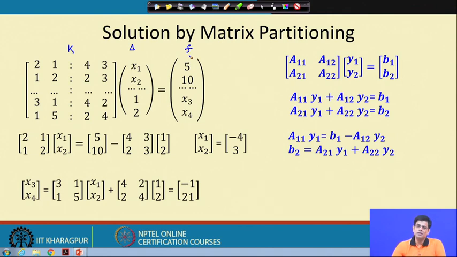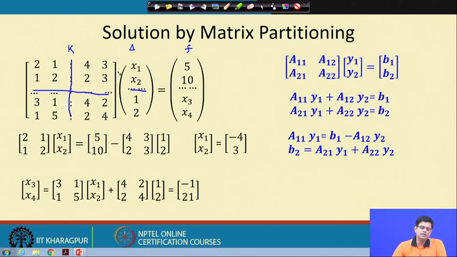In such cases, matrix partitioning is very helpful. As per the unknown deltas, we partition this matrix in 2 cross 2 form and write it in this form. So, A11, A12, A21 and A22 multiply Y1 and Y2.